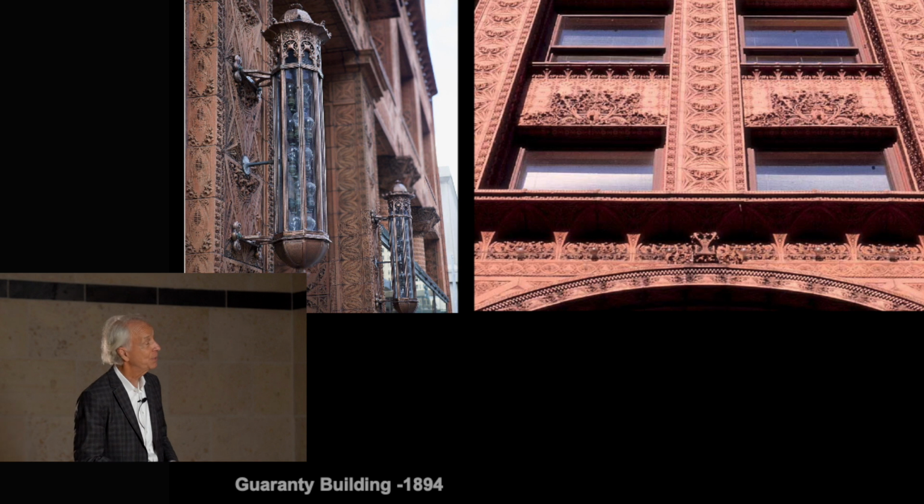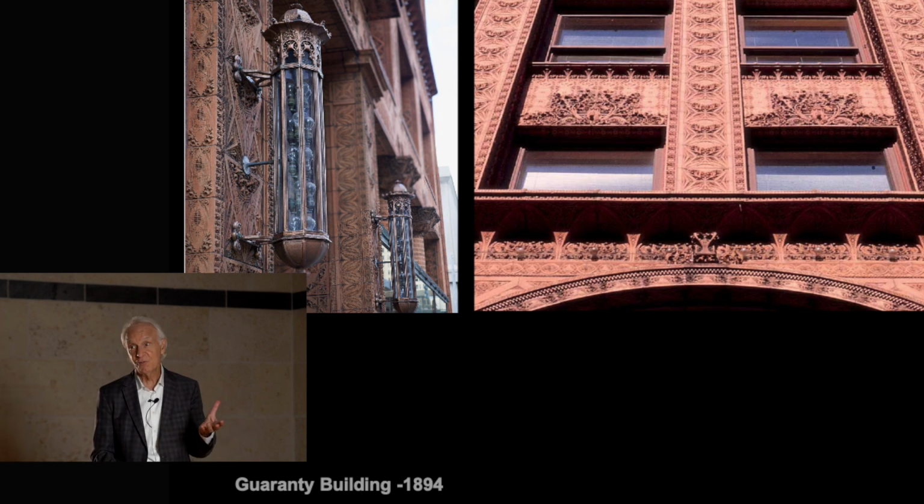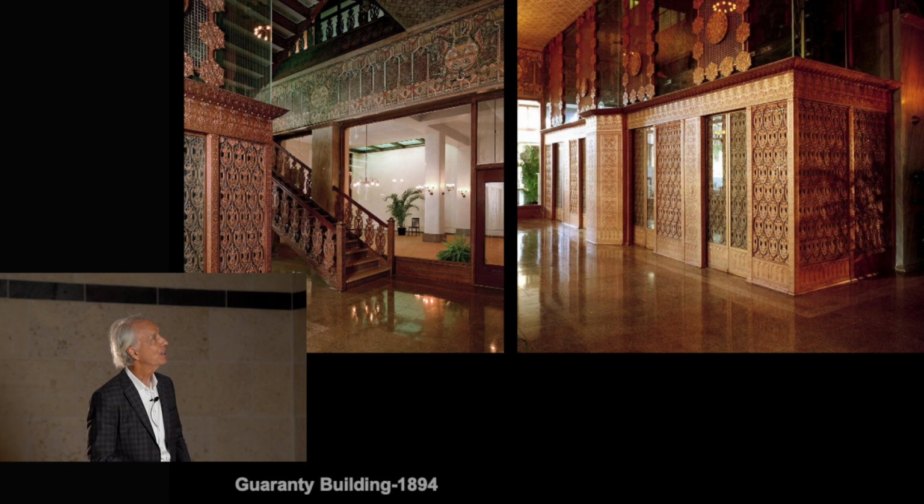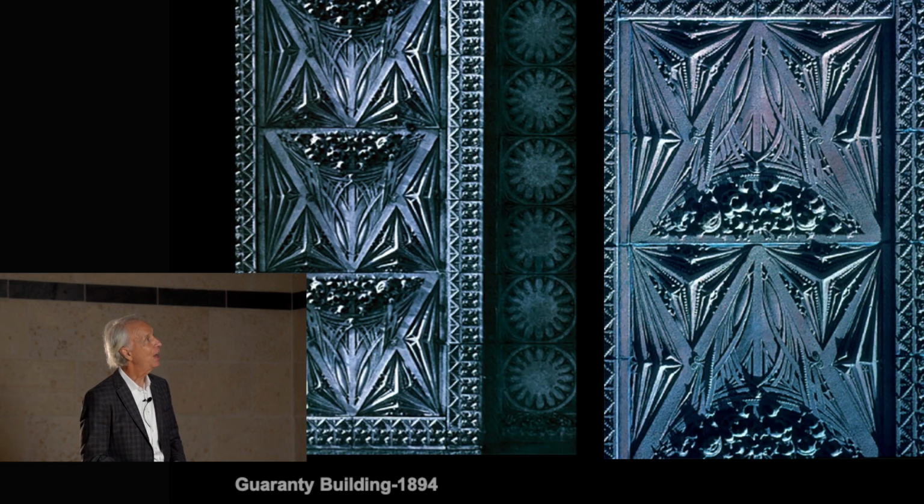Very repetitive because they made terracotta in forms, so you make one form and do it over and over again, and that would create these modeled surfaces. But again, made to be very clearly skin and not structure. And that was true inside and outside the building, with this very highly textured surface throughout.